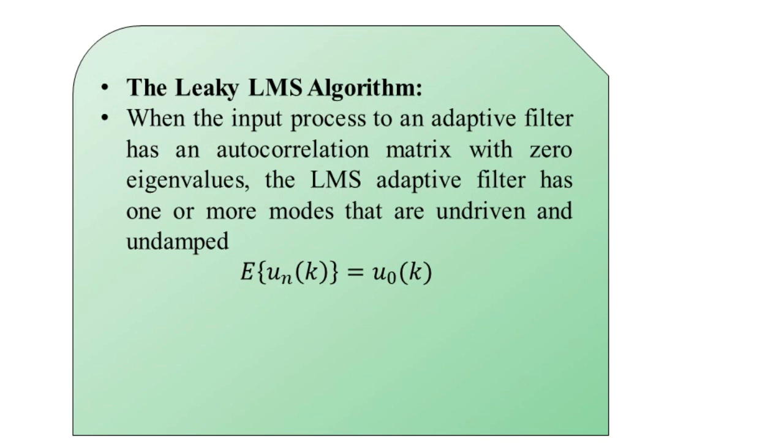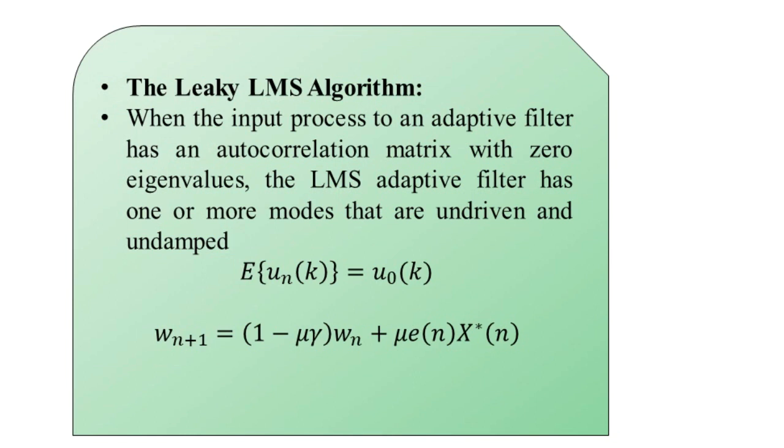So the LMS algorithm, with the leakage coefficient represented by gamma, will be of the form: W suffix n plus 1 is equal to 1 minus mu into gamma. Mu is the step size, gamma is the leakage coefficient newly introduced here.